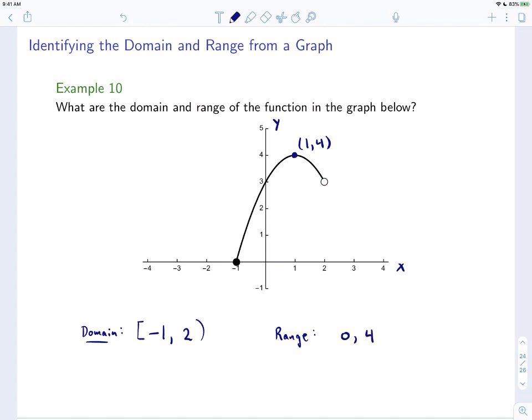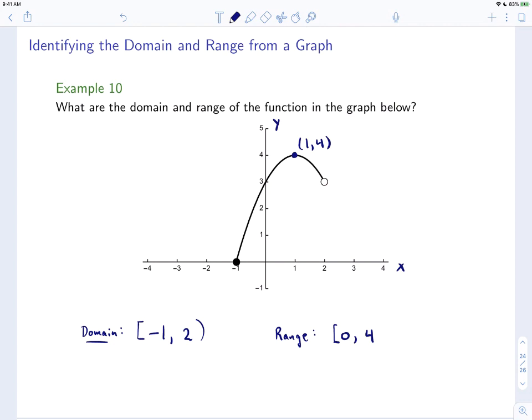Now we need to decide, are we including the endpoints or not? You include the endpoints in the range if you actually achieve them as outputs. Notice that when you plug in x equals -1, you get 0, so 0 is in the range. What about 4?